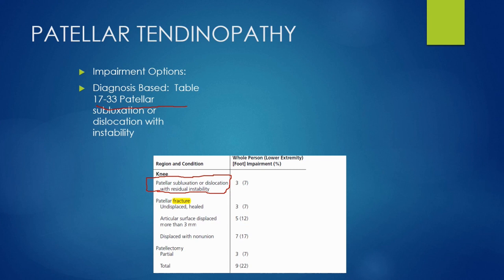Patella alta is a high riding patella within the trochlear groove, and patella alta is determined by measuring and calculating the Insall ratio. The Insall ratio is simply a description of the ratio between the length of the patella, which is measured from the superior to the inferior pole of the patella, compared to the length of the patellar tendon.